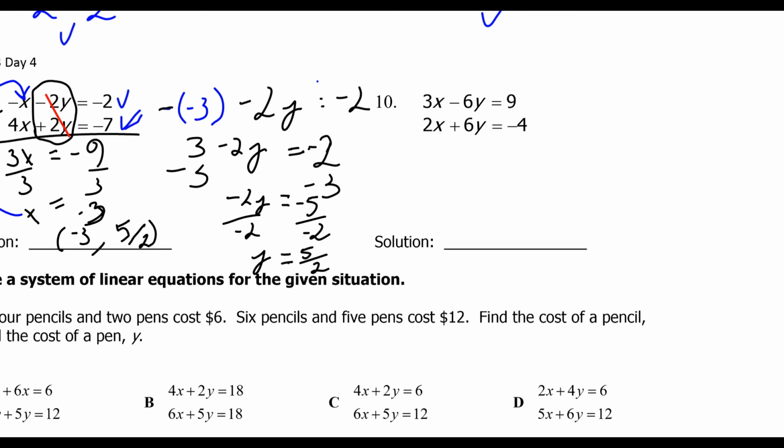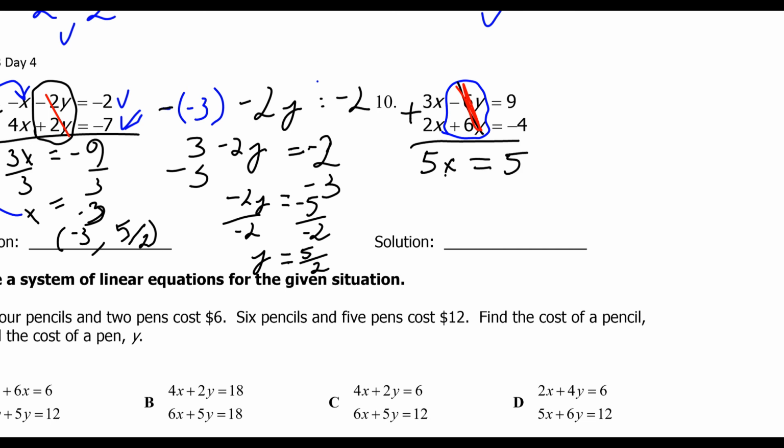When we go to add this, that's going to be 3x plus 2x, which is going to be 5x, and the 6y's are going to cancel. We are going to be left with 9 minus 4, which is going to be 5. We divide each side by 5, and we have x equaling 1.